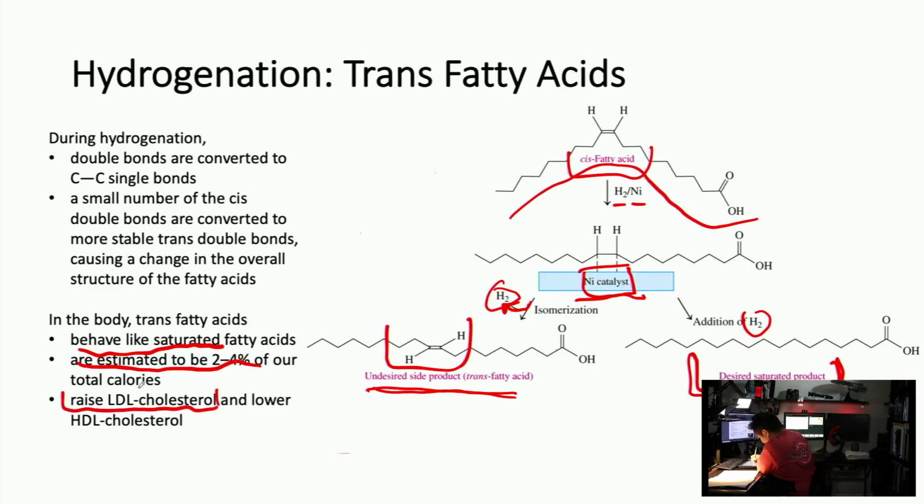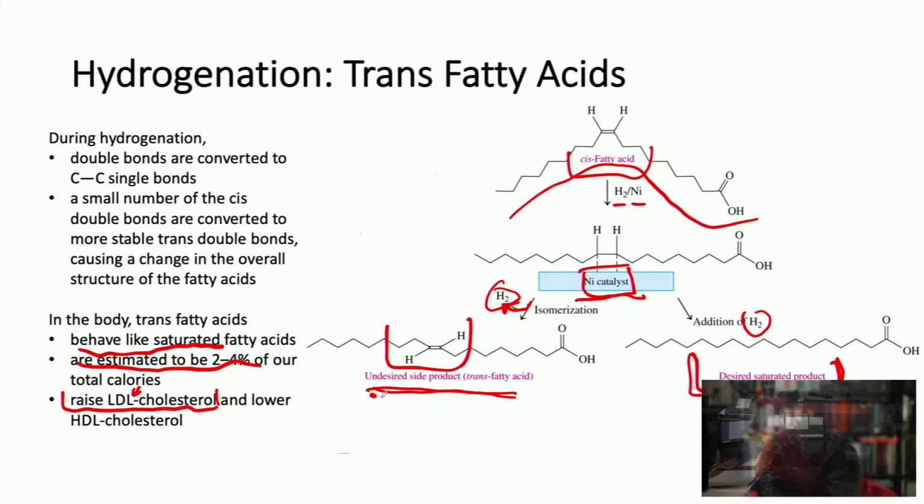Remember what I was talking about before with your LDL, low density lipoprotein. Those are the things that carry the fats from your diet into your bloodstream and then take them over into your adipose tissue for storage. But the problem is that they like to clump a lot in your blood vessels, and then you get clogged arteries and you can have a heart attack. And LDLs do that.